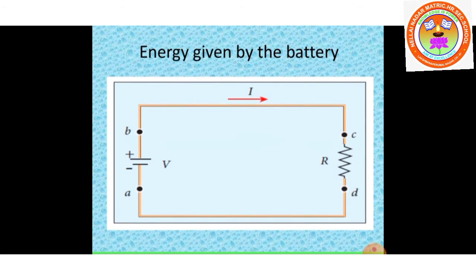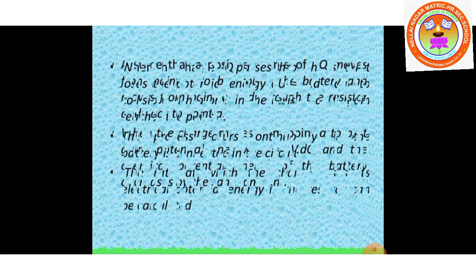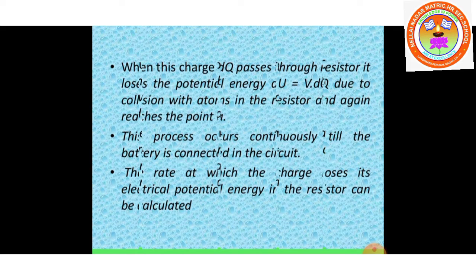When this charge dq passes through the resistor, it loses the potential energy dU is equal to V into dq due to collisions with atoms in the resistor and again reaches point A.